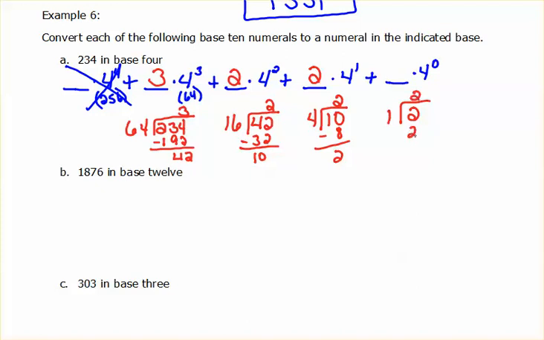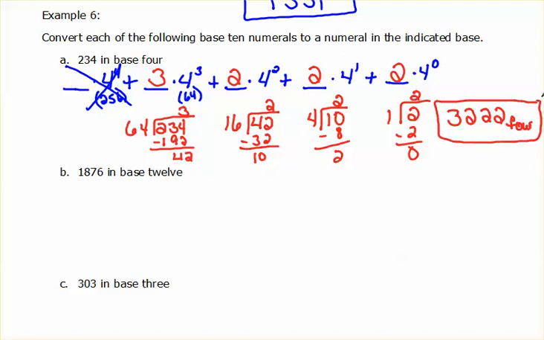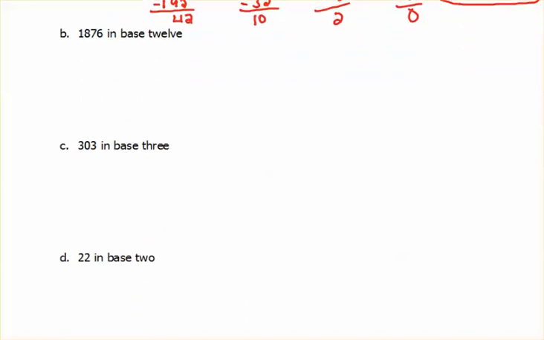And there are exactly 2 groups of 1 in 2. So our number looks like 3, 2, 2, 2, base 4. Kind of cool, huh? All right, let's try the next one and see if you've got the hang of it.